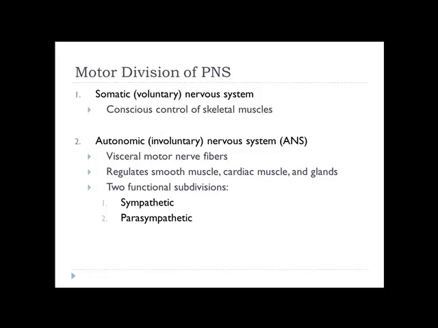It'll be your visceral motor fibers, so it helps regulate smooth muscle and cardiac muscle. And it's going to be broken up into two main divisions: your sympathetic division and the parasympathetic division. Sympathetic division, I think fight or flight. Parasympathetic division, I think rest and digest.